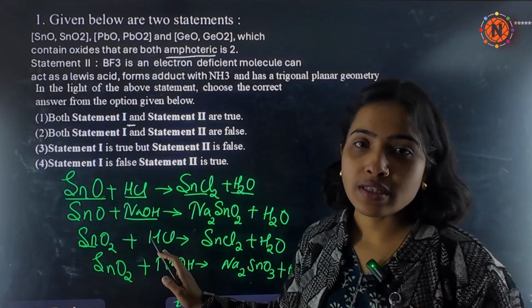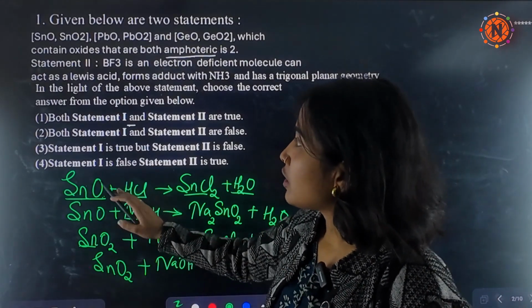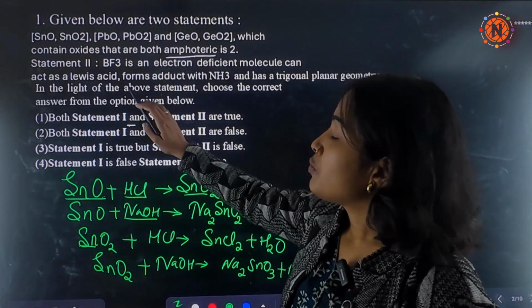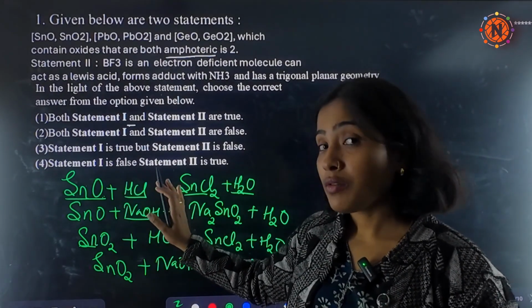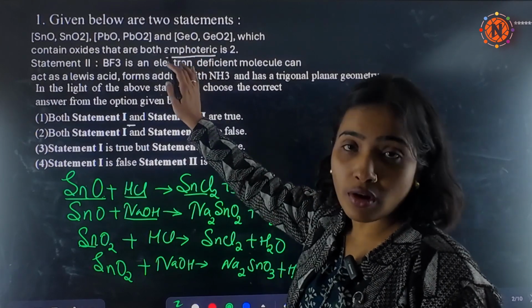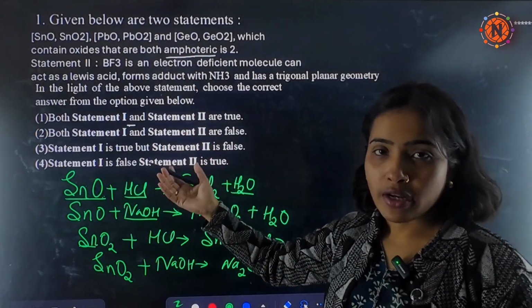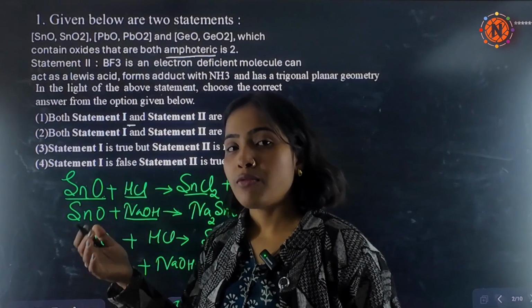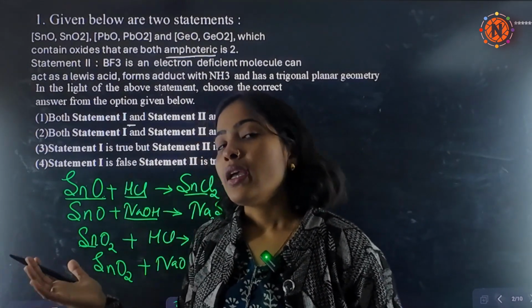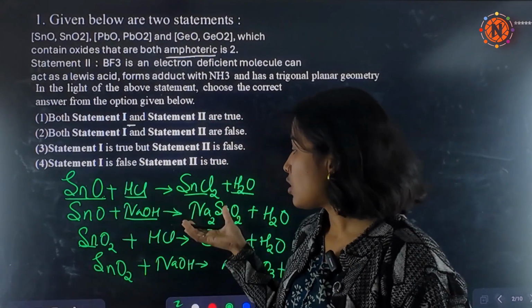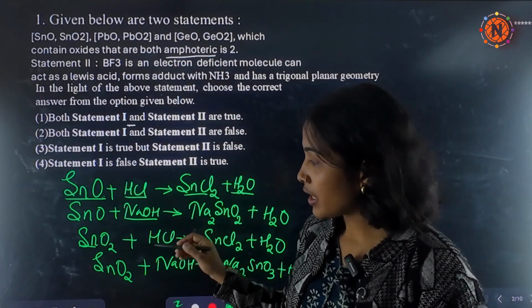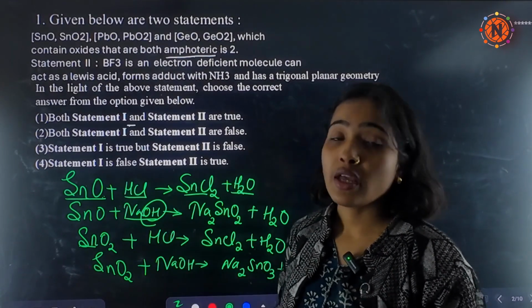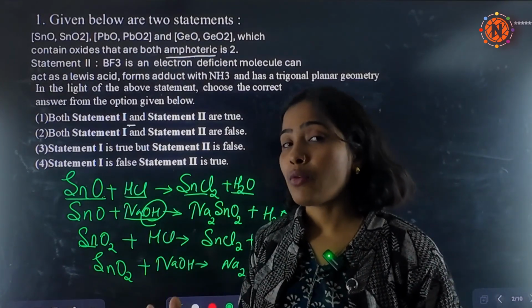So in this question we see that whenever we treat tin oxide and lead oxide with an acid and a base, they behave like amphoteric oxides. But when you talk about germanium oxide, germanium is a metalloid. When this metalloid forms an oxide, its salt again reacts with OH and shows a weak acid.